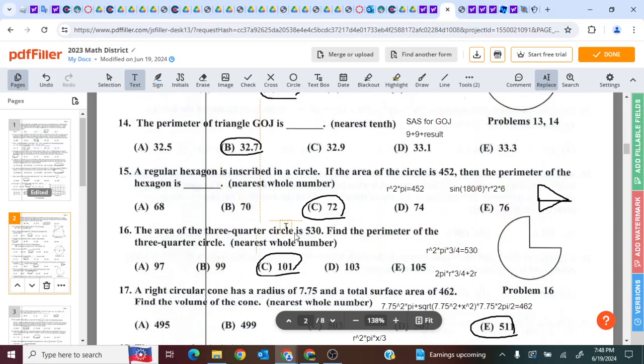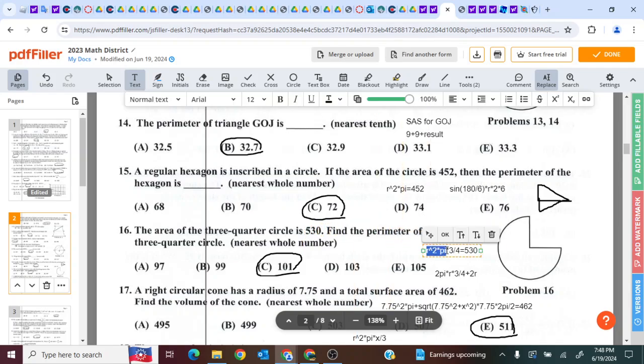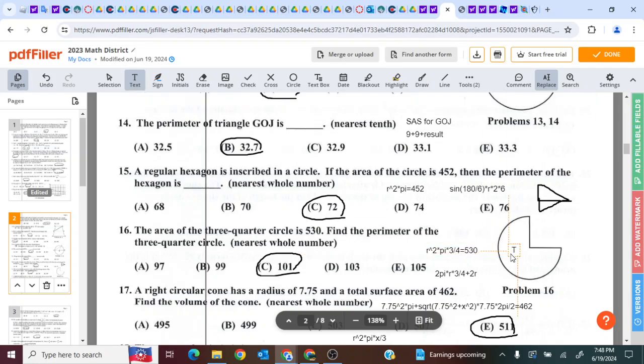Seeing the area of the three-quarter circle is that, what's the perimeter? Well, in this case, normal area of a circle, r squared times pi, then multiply by 3 over 4 because it's 3/4 of a circle, and that value is equal to 530. Once you have that, put that in the equation solver to figure out r.